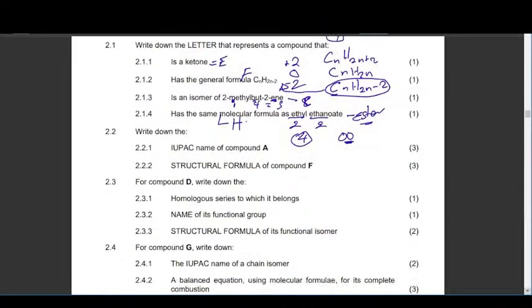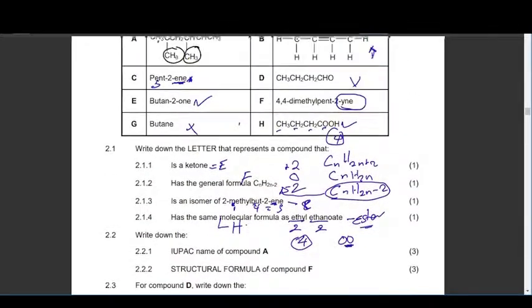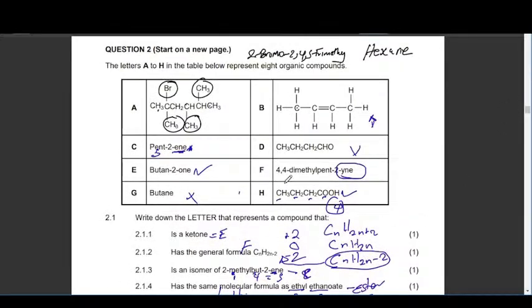Then they're saying compound D, structure formula for F. What is the structure formula for F? So we go back here and look for it.